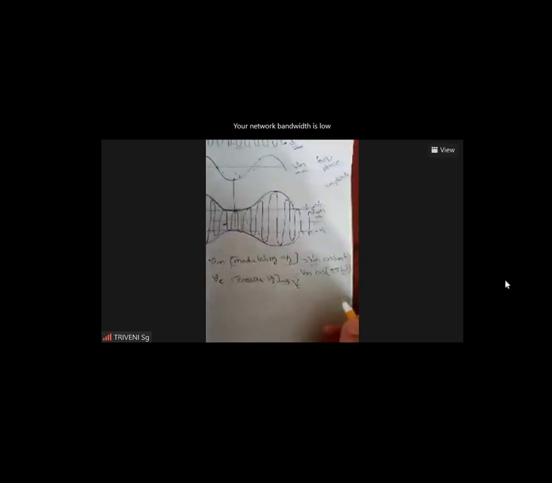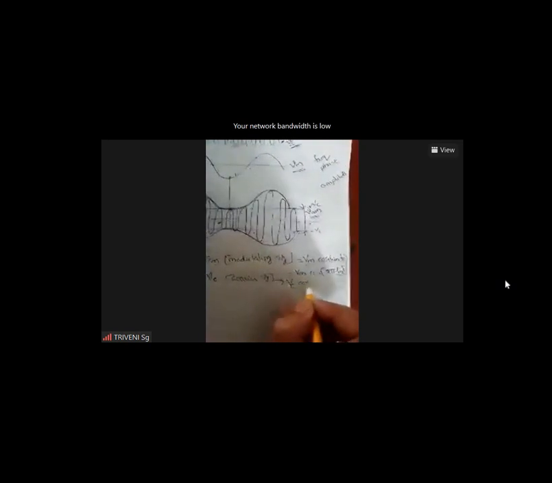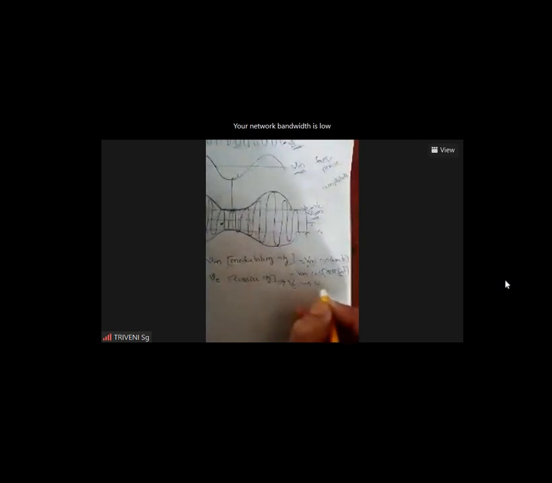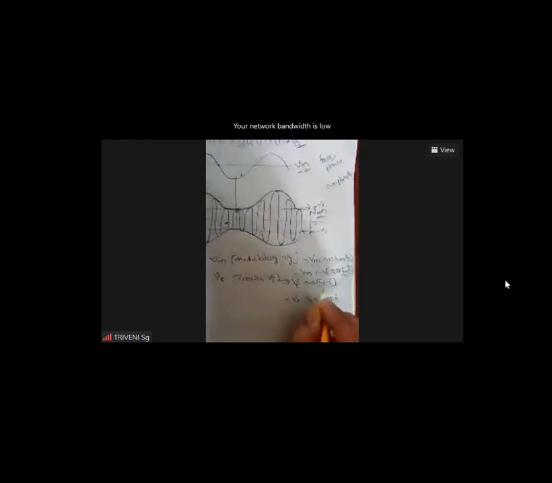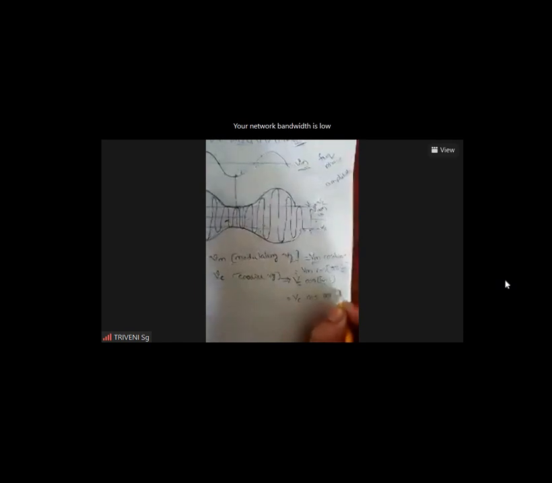Okay, in the same way, the equation for the carrier is Vc, the amplitude of the carrier signal, and the cos term omega ct. Okay, Vc cos omega ct. We can also write Vc cos omega c, where omega c is 2 pi fc t. So here fc is the frequency of the carrier signal.